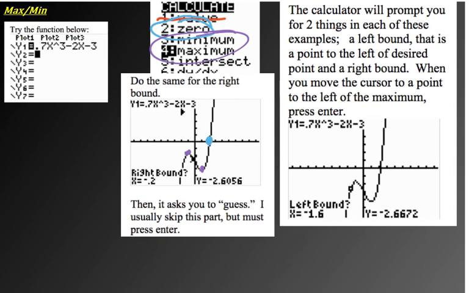If you had two lines crossing on your screen, you can say, here's my intersection, click left bound of it, right bound of it, and then guess. It'll ask you for curve 1, curve 2, or something like that. It's fairly self-explanatory once you've seen maximum and minimum, but it can be useful too.